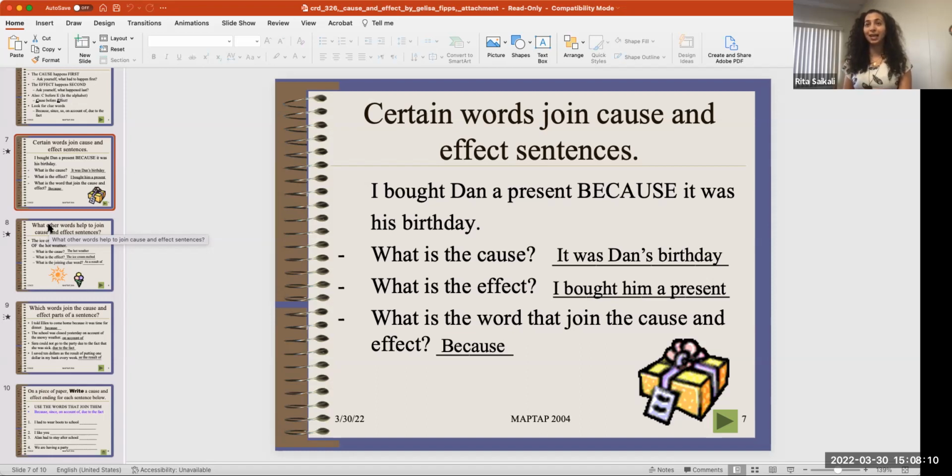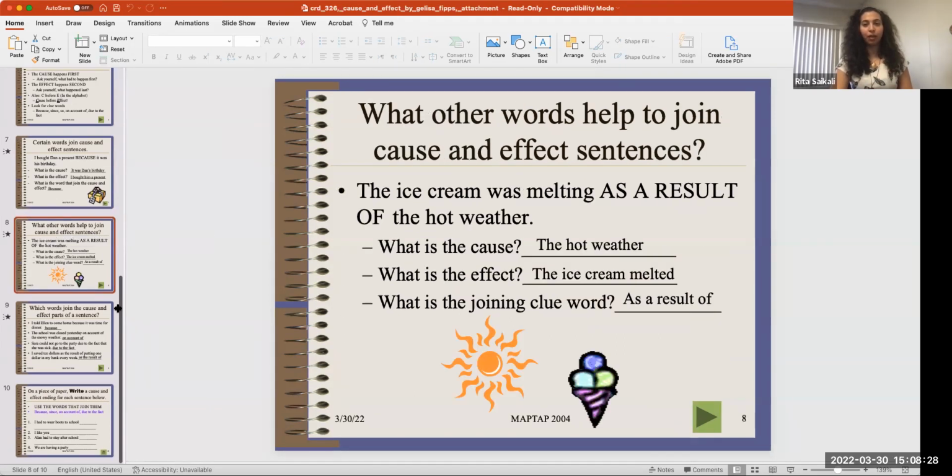You see that in the second place. But in the order of things, the birthday had to happen for the present to be bought. And that's why they're switched in 1 and 2. Because can go either inside or on the outside of that sentence, or the beginning or the middle of that sentence.